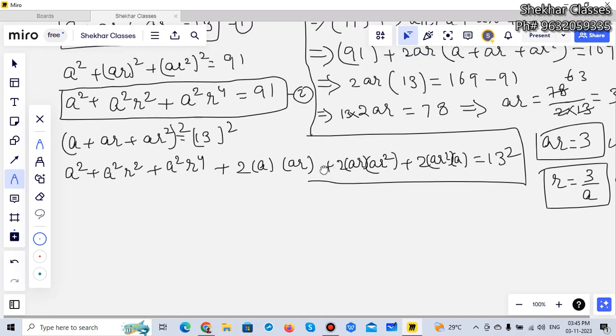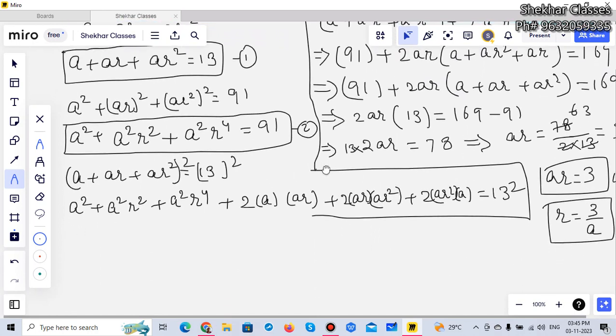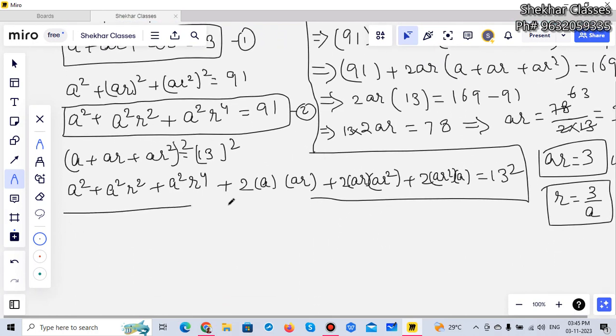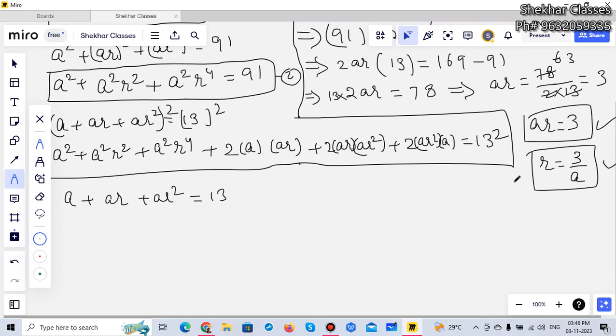See, we will take the first equation that we had, A plus AR plus AR square is 13. So write it here. Now what is A? A we do not know, so write A only. I substitute for R only. So what is AR? 3. What is AR into R?